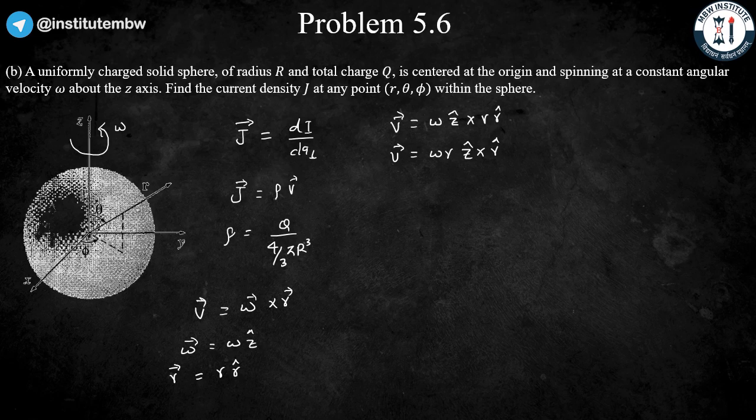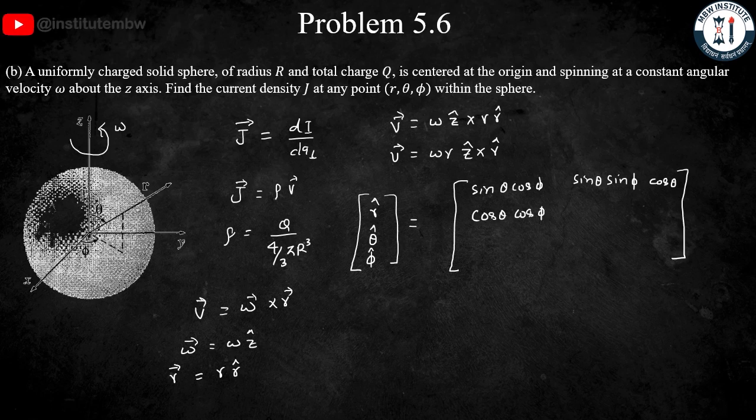So in spherical coordinate system, the matrix is as follows: r cap, theta cap and phi cap is equal to sin theta cos phi, sin theta sin phi, cos theta, cos theta cos phi, cos theta sin phi, minus sin theta, minus sin phi, cos phi and 0. And here is x cap, y cap, z cap.